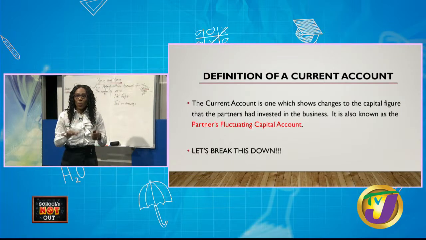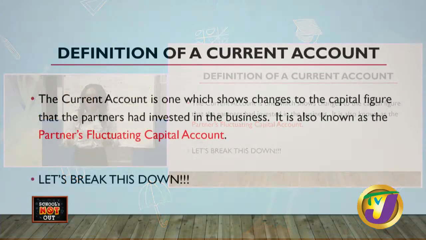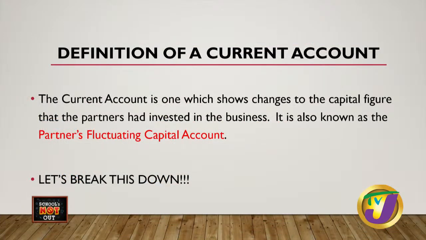All of that is recorded in what we call a current account. So let's look at the standard definition for a current account. The current account is one which shows changes to the capital figure that the partner had invested in the business. It is also known as the partner's fluctuating capital account.